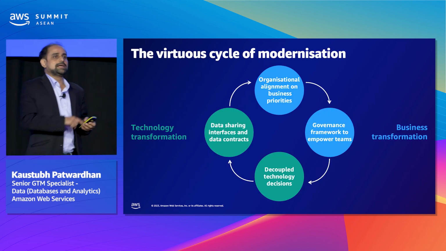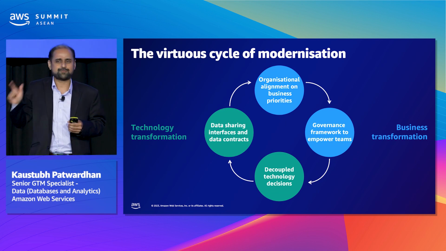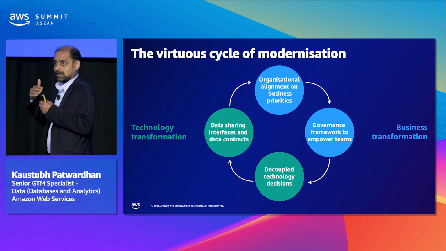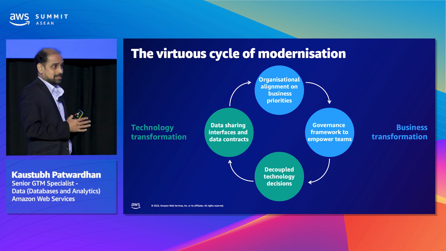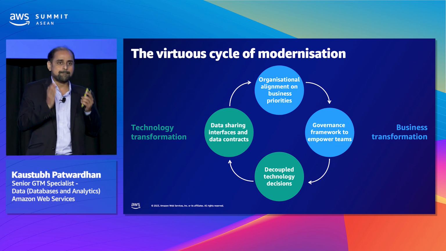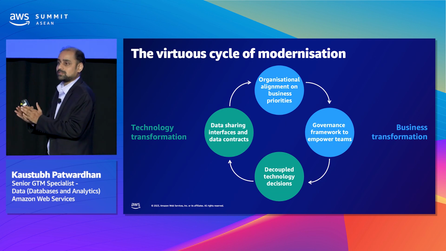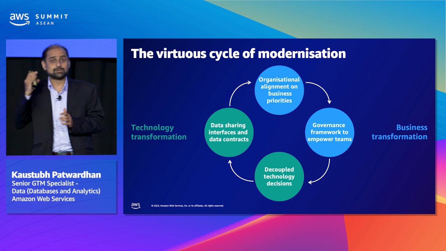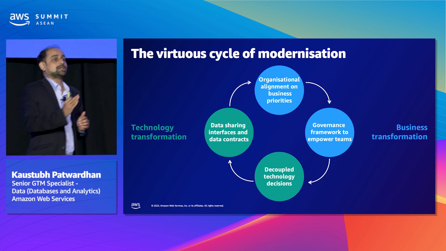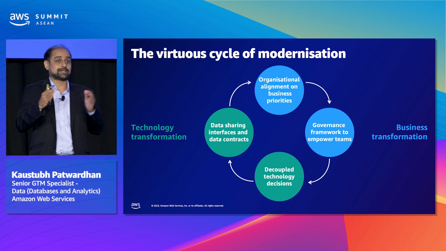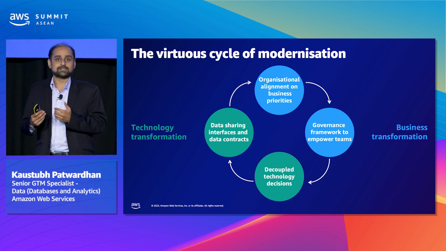And this whole modernization journey leads to a very virtuous cycle, kind of a flywheel effect, where if an organization is making sure that there is an alignment with the business needs, it leads to empowering your teams, where each team can then focus on its own microservice that they're building, making sure that they use the right technology stack for that particular microservice, which in turn leads to a proper interfacing for their data governance and making sure that there are different data contracts in place.